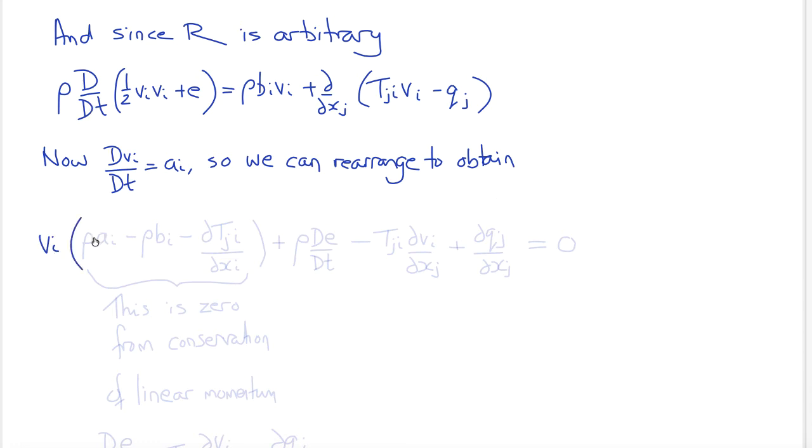Vi times [rho times ai, which is d/dt of Vi, minus rho times Bi, minus del Tji del xj], plus rho times dE/dt term, minus Tji times del Vi del xj, plus del Qj del xj.